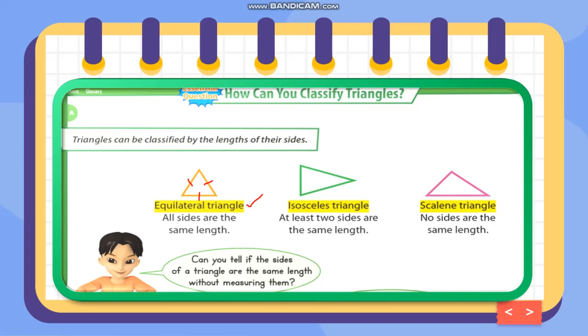Isosceles triangle. Isosceles, two sides are equal. So at least two sides are the same length. That is what we call an isosceles triangle. Scalene triangle, no sides are the same length. So this side and this side are different.